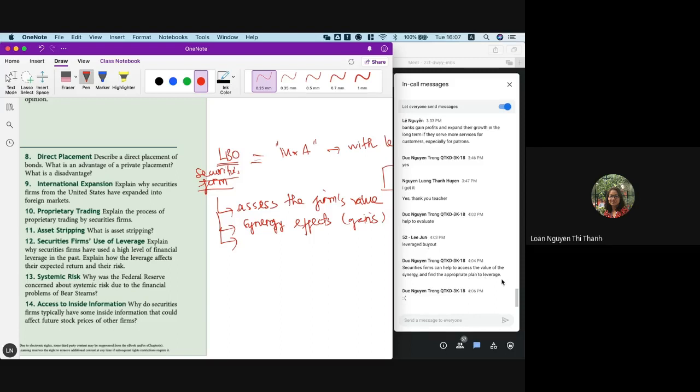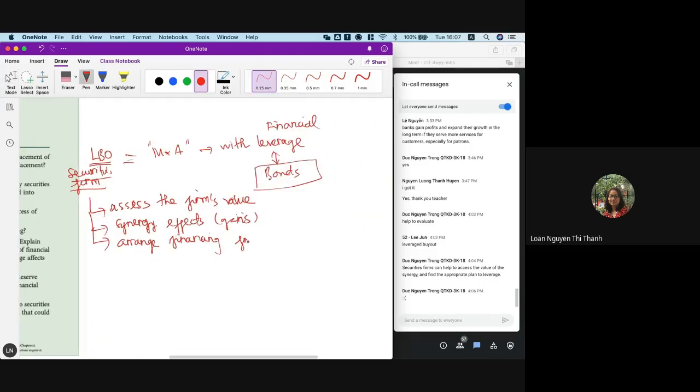Find the appropriate plan to leverage. Arrange the financing in order to undertake the merger acquisition, arrange financing for acquisition. So we have the example in the slide, right? The security firm may offer the loan financing. They provide the bridge loans.